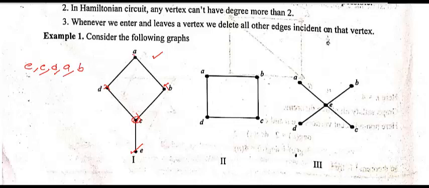Now you are coming to C again. So what you have done, first thing, this is your Hamiltonian path, because it is a path in which you are visiting each of the vertices once. You visited all the vertices once. But if you want the starting and end vertex to be the same and you have visited all the vertices, then it will be a Hamiltonian circuit. So here a circuit is not possible, but a path is there.